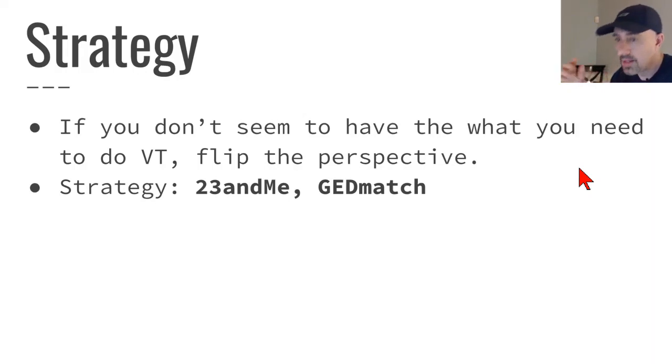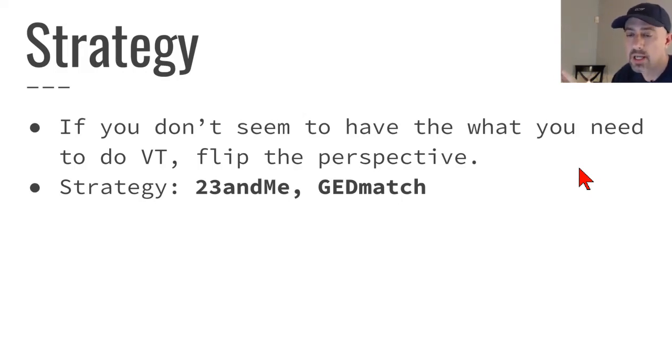And what I mean by that, say for example, you've only tested yourself and you don't have access to DNA match results for parents or your children or siblings or any close family members. If you're trying to sort things out with a match who has tested his or her parents or children or siblings, then you can do the visual triangulation from their perspective, and that will work just as well.